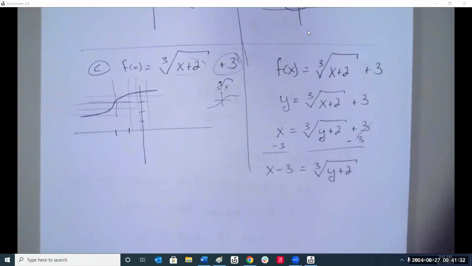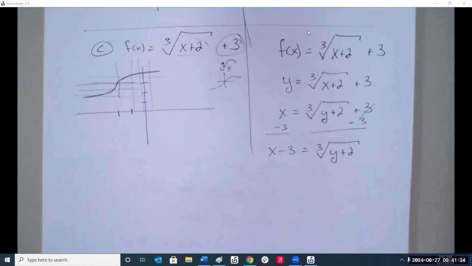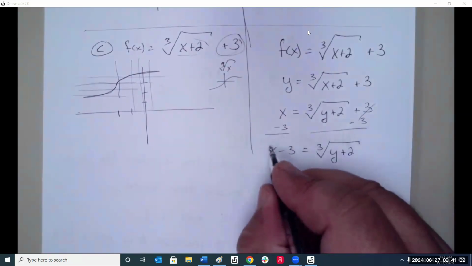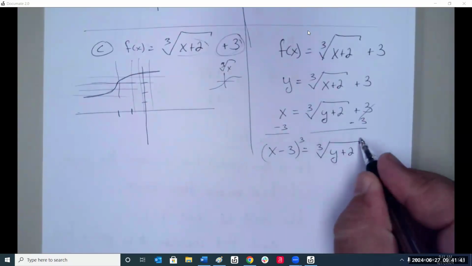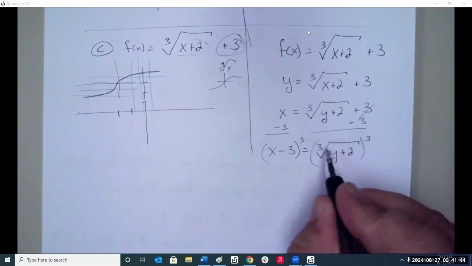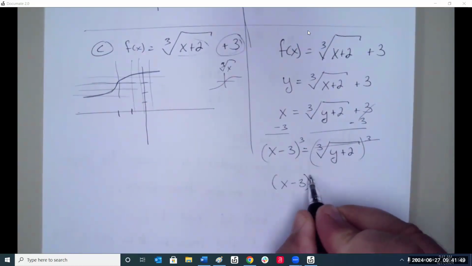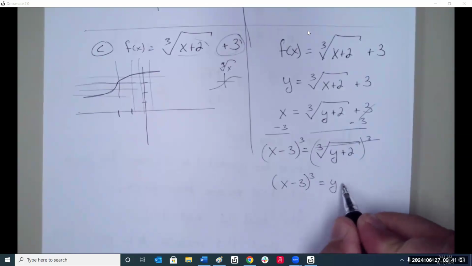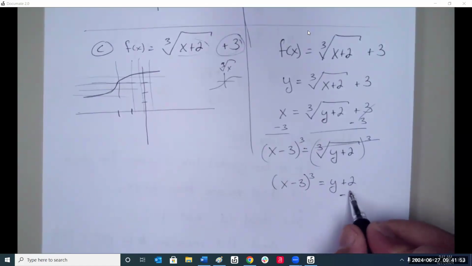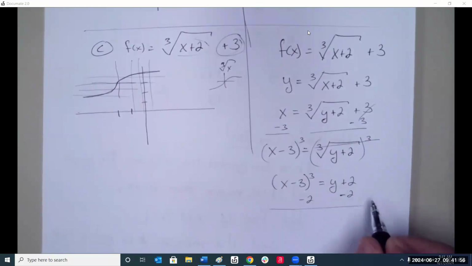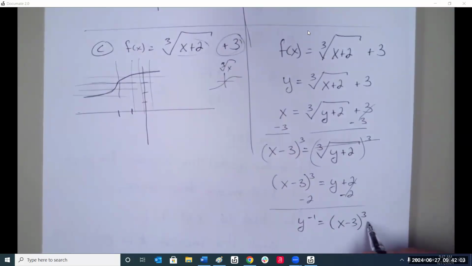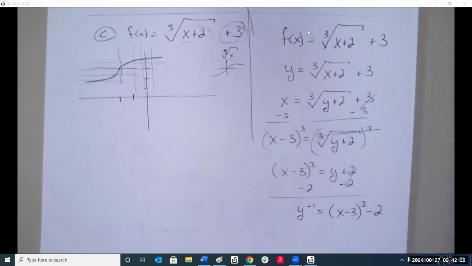So what's my next step? Cube both sides. Very good. Those would cancel. So we have x minus 3, cubed, equals y plus 2. So the inverse is y equals x minus 3, cubed, minus 2.